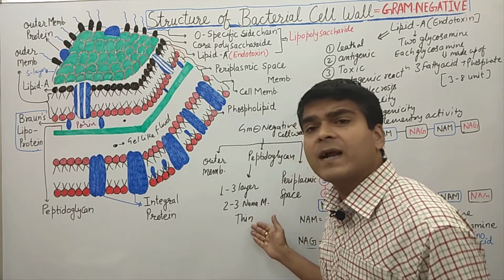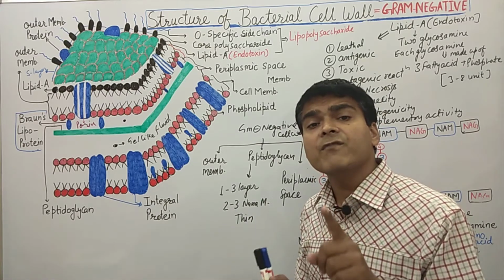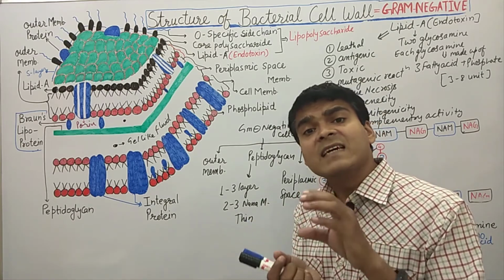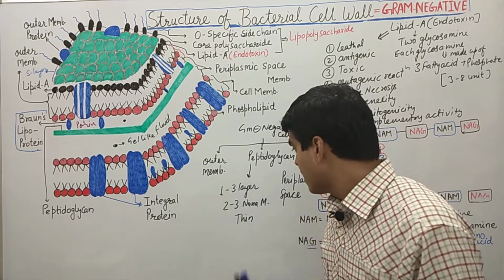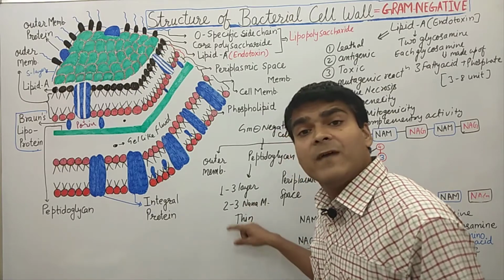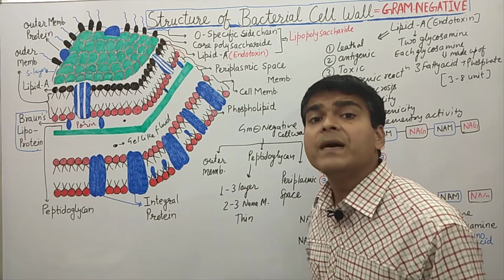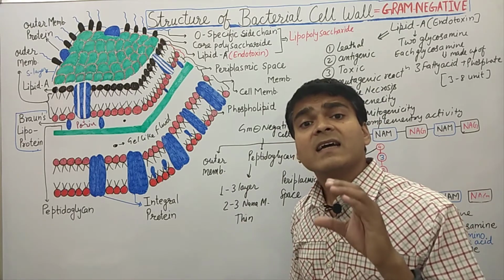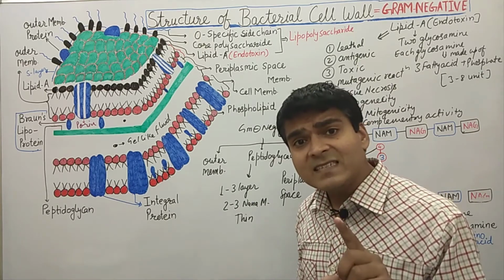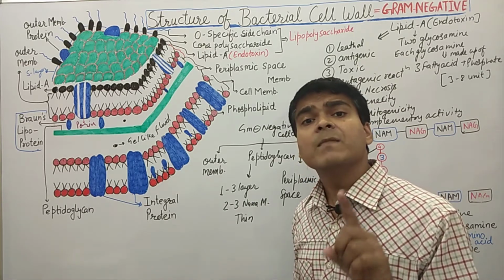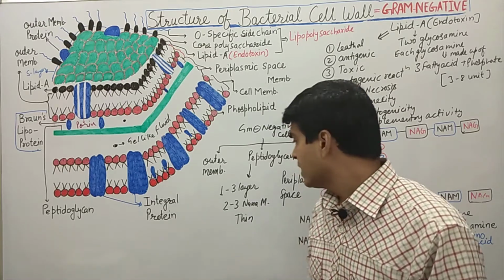In gram positive bacteria we find a bigger, thicker layer. Here we find a very thin layer, in the 2 to 3 nanometer range, but in gram positive bacteria the layer is very thick. That is the big difference, and on the basis of this difference we differentiate gram positive and gram negative bacteria by staining.